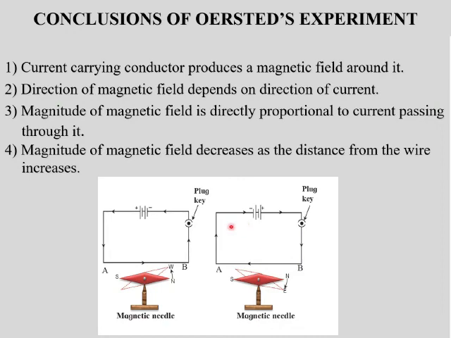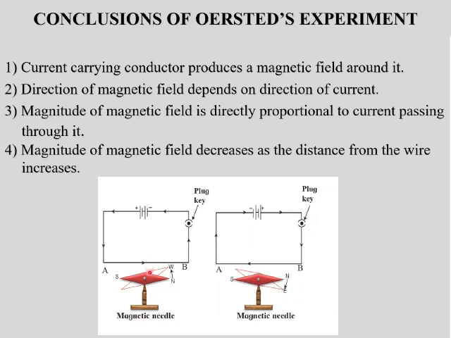In this case, we will keep the number of cells constant. We will not change the number of cells. Keeping the number of cells constant, see what is the deflection in the needle when the needle is very close to the wire.